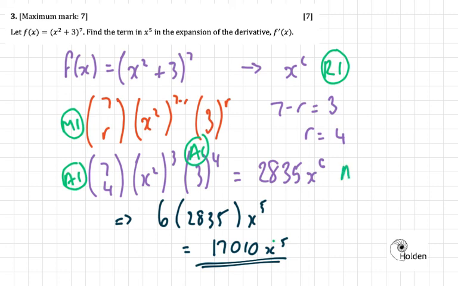Correct term here, A1, so we're at 1, 2, 3, 4, 5. Correct term, yes. Differentiating the term in x to the 6, 1. And then that leads us to an answer of this. If you show no working out and you only show 17,010, so the final answer being 17,010 x to the 5, you're going to score N3.